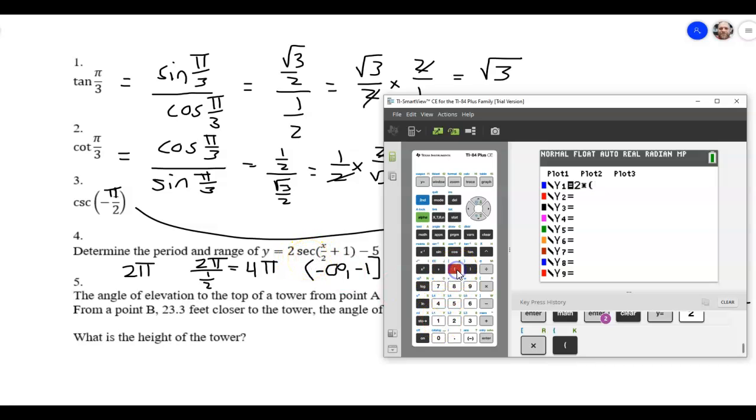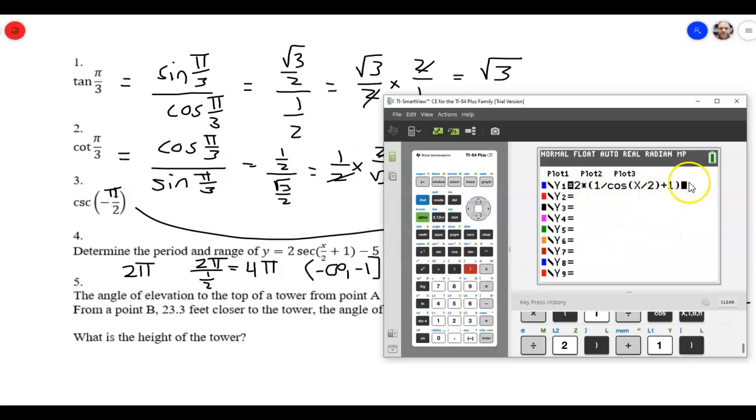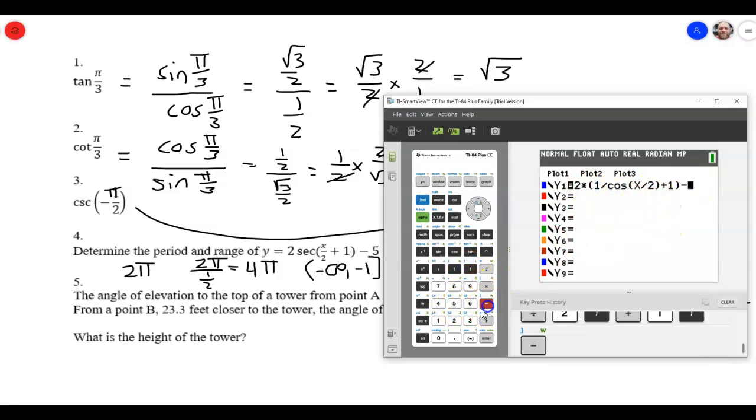And I'm going to put the whole thing in parentheses. 1 divided by the cosine of x divided by 2 plus 1, and make sure you close the parentheses for that, and then we're going to do minus 5. So this here should work and kind of let us visually see what that range is as well.